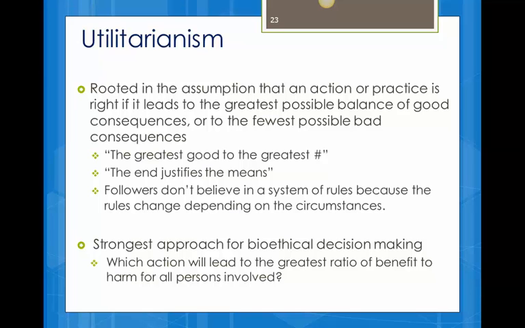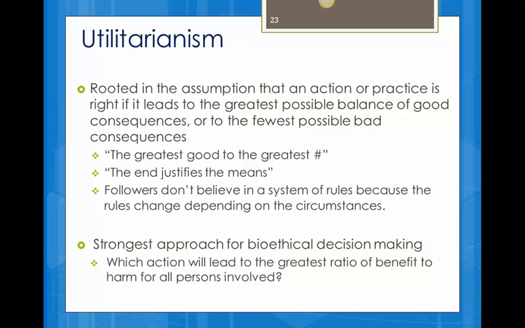One is the utilitarian. And so just as the slide says, if you are a true believer or a utilitarian, you are rooted in the assumption that an action or practice is right if it leads to the greatest possible balance of good consequences or to the fewest possible bad consequences.